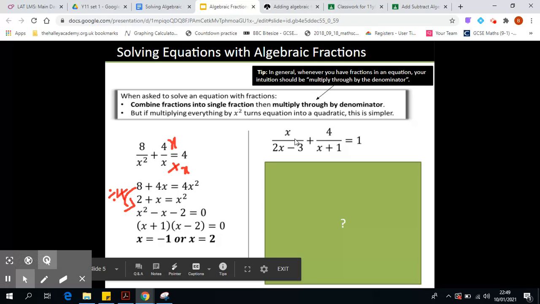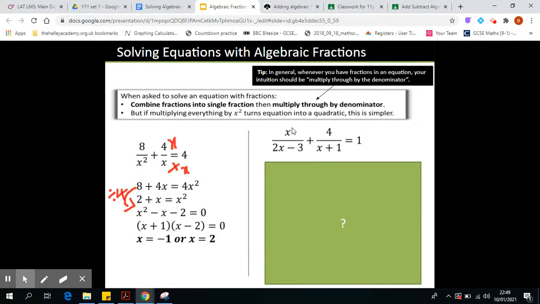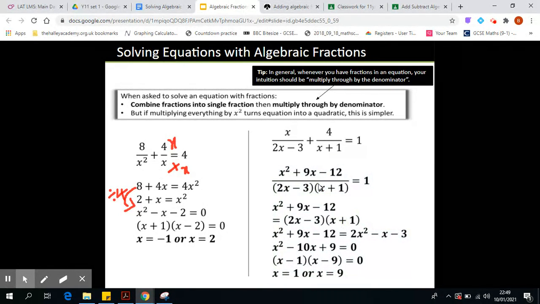Now let's look at another example. Here we have x over 2x minus 3 plus 4 over x plus 1 equal to 1. Let's see how we can solve them. Here the denominators are different.